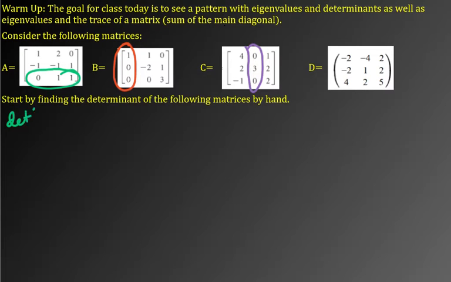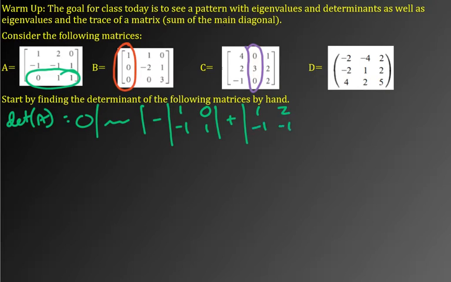So for the determinant of A, if you do the pattern plus, minus, plus, minus, plus, minus, and then plus, minus, plus again, you would have 0 times something, so we can just ignore that. The negative 1 times the determinant of 1, 0, negative 1, 1, and then plus 1 times the determinant of 1, 2, negative 1, negative 1.